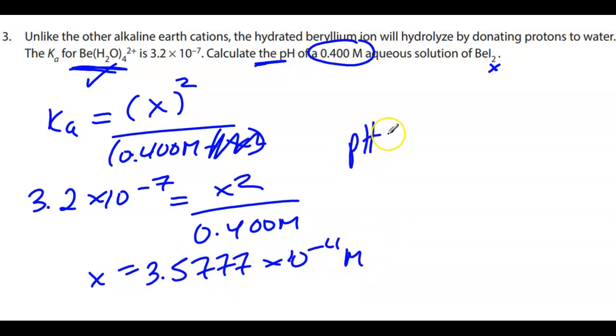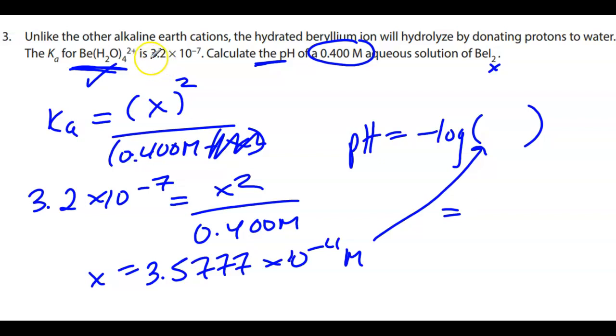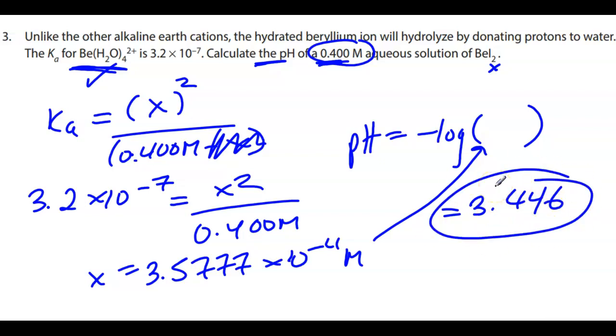And then, of course, for pH, we're going to do the negative log of that. For sig figs, Ka is a constant, so we'd be looking at this concentration, which is 3, so we need 3 decimal points, which would be 3.446 for the pH.